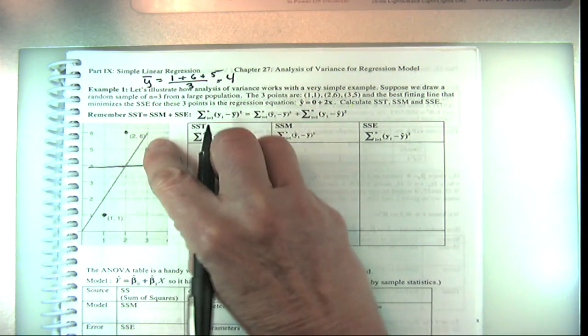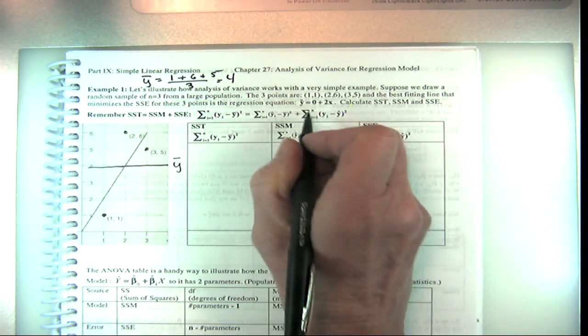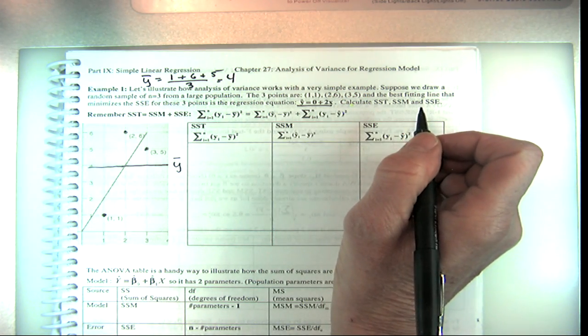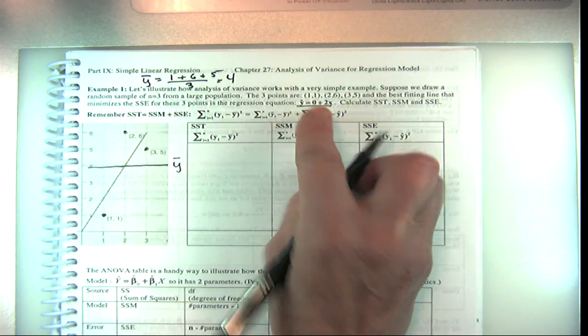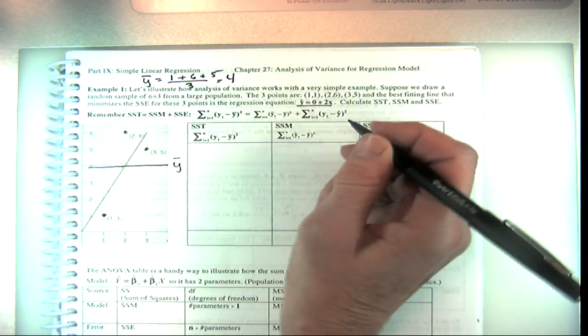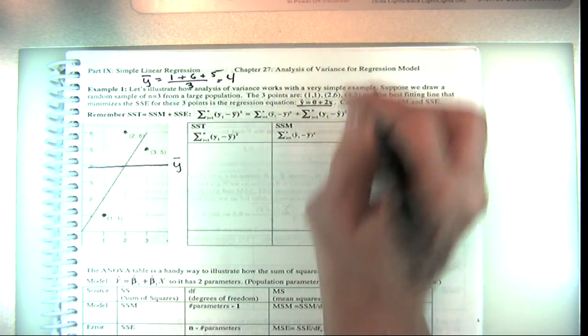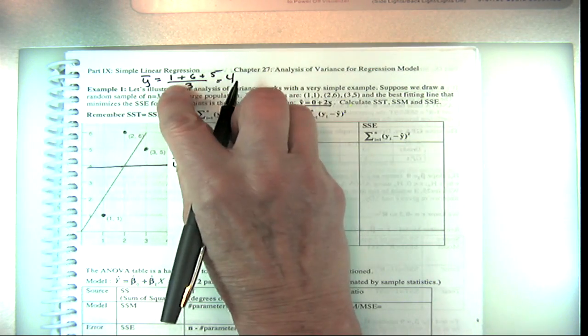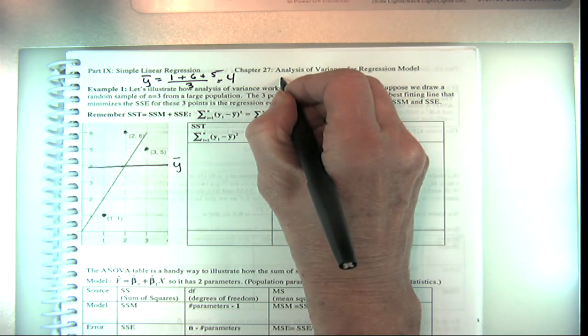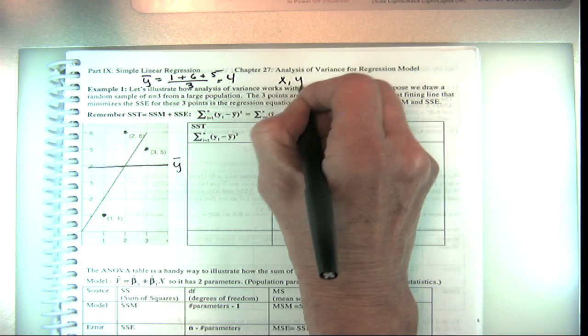And now, what's our model? Our model is this regression line. Where is it? There it is. There is our model. So that is our regression line. So we better get the y hats. Let's think about it. For each x, we get a y hat.